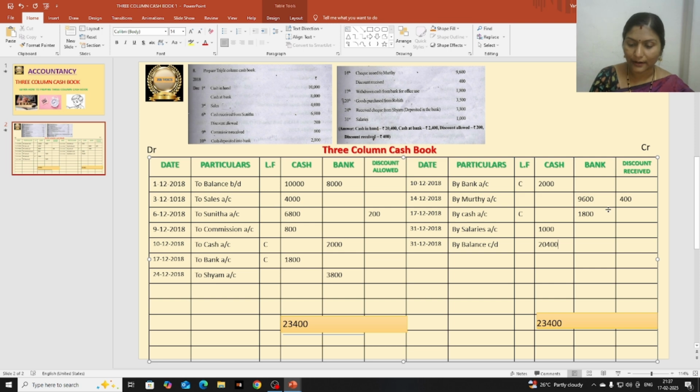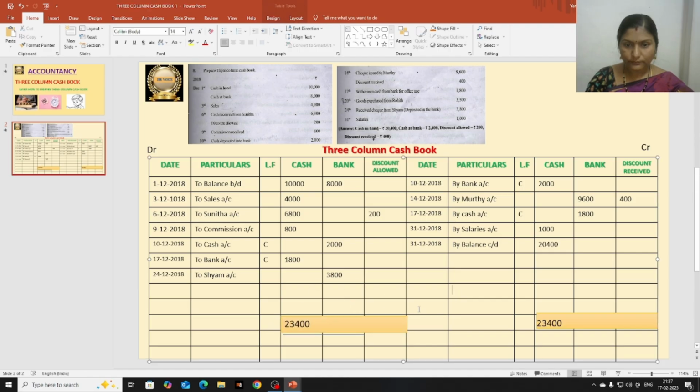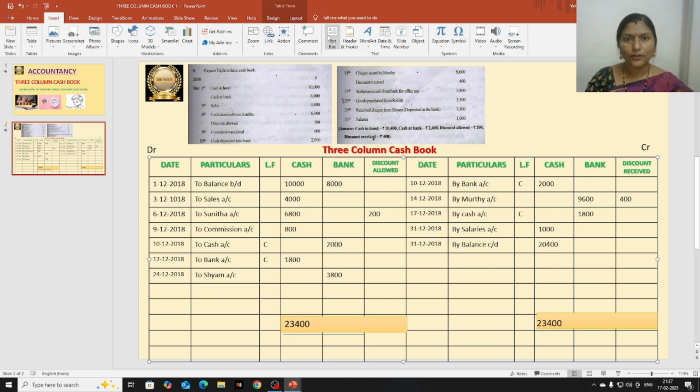We will get 11,400. So the credit side is 11,400 and the debit side bank column is 13,800. Tell me which side amount is more? 13,800 is more, no? So the debit side total is more. On both sides you record that only, the debit side total. So 13,800 we are going to record here.